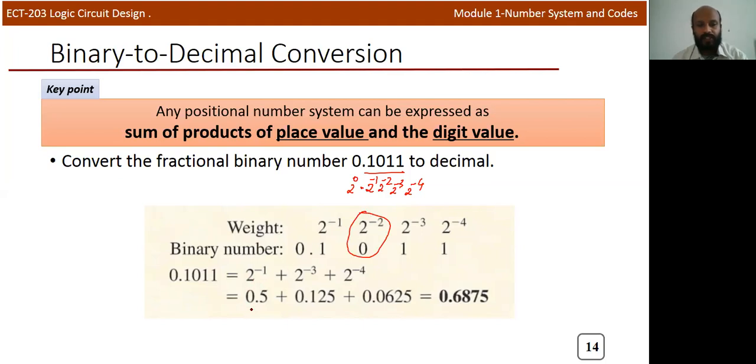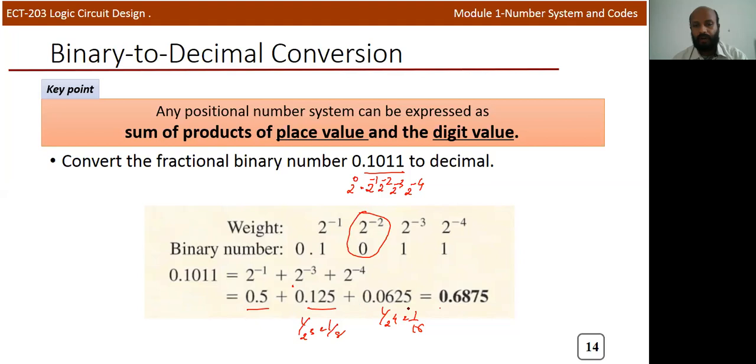Then 2 raised to minus 1 is 0.5, 0.5 into 1. Then 2 raised to minus 3, that is 0.125. 2 raised to minus 3 means 1 by 2 cube, that is 1 by 8. And the last part, 2 raised to minus 4, means 1 by 2 raised to 4, which is equal to 1 by 16, 0.0625.